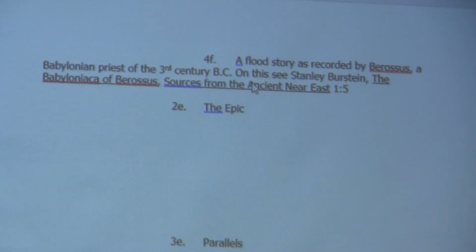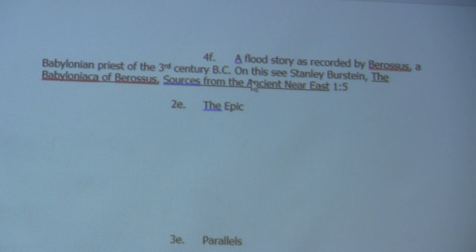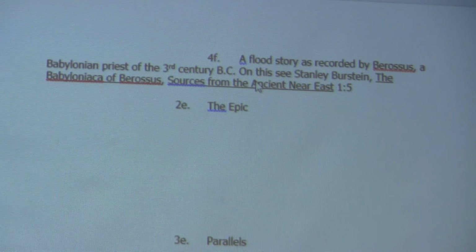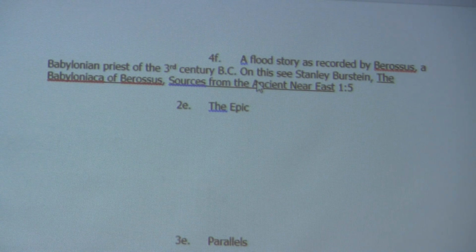The 4th account is a much later document written by a Babylonian priest named Berosus in the 3rd century BC, and it, of course, also talks about this great flood, but it doesn't tell it in exactly the same way as the other 3 accounts.